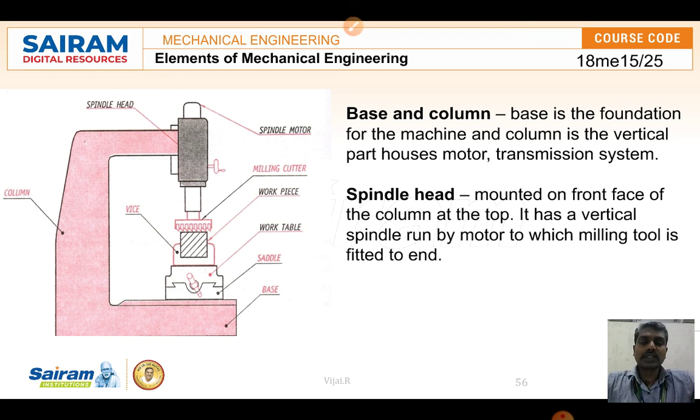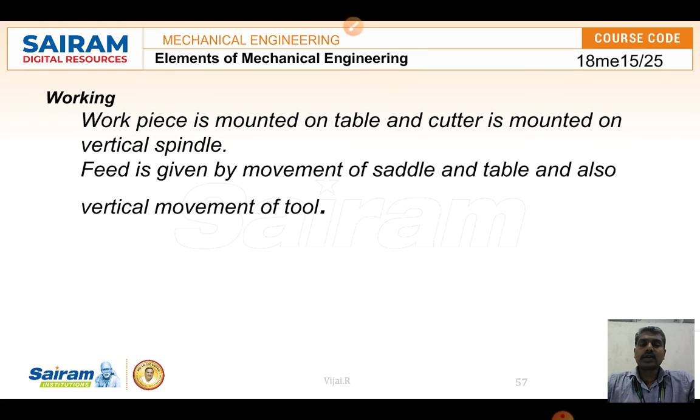The spindle head is mounted on the front of the top of the column, and it has a vertical spindle run by the motor. The cutter is fitted at the end and rotates, mounted in the vertical spindle. When the workpiece is fed over the table, it can be moved up and down according to requirements, and the cutting tool removes the material. That is how the vertical milling machine works.